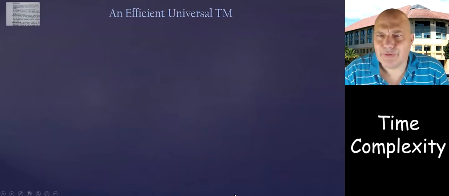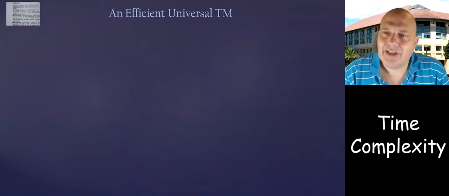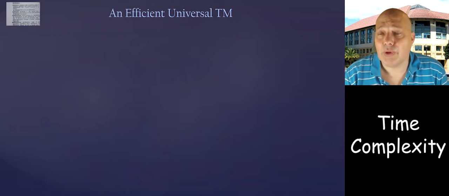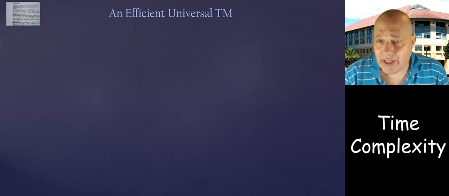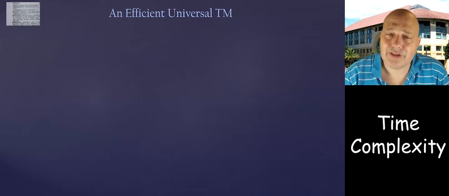So what do we have so far? We do have that different models have some difference in time. In particular, multi-tape versus single tape can have up to quadratic difference in time. They can have this difference, and this is the worst that they can have.